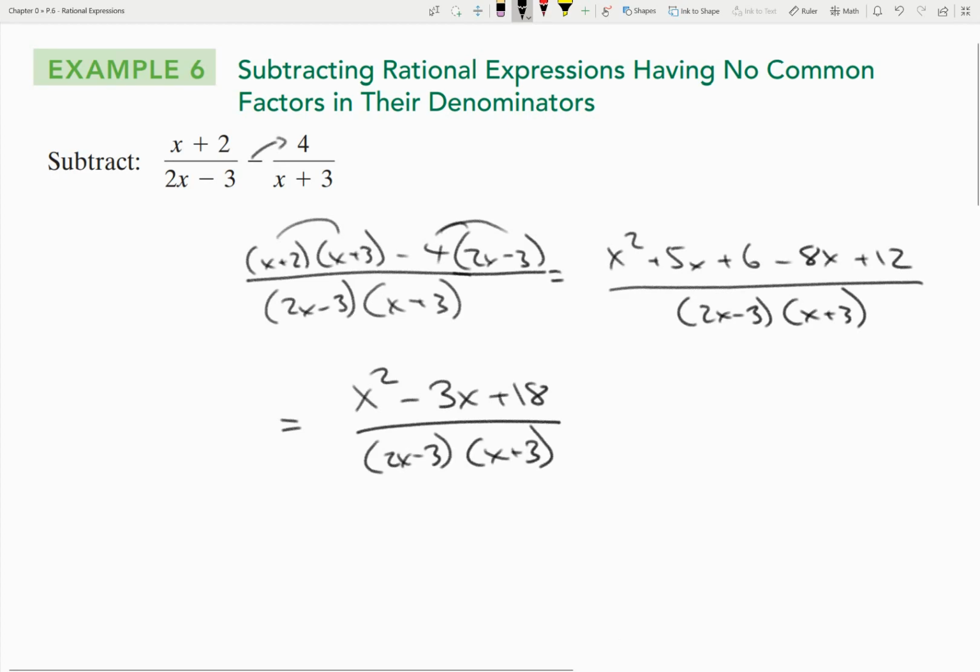So now I've got to ask myself, does the numerator factor? Are there factors of 18 that add up to 3? And there aren't, so the numerator is prime and it doesn't factor anymore. But what I still need to do is state the restrictions on the denominator. So that's going to be 3 over 2 and negative 3.